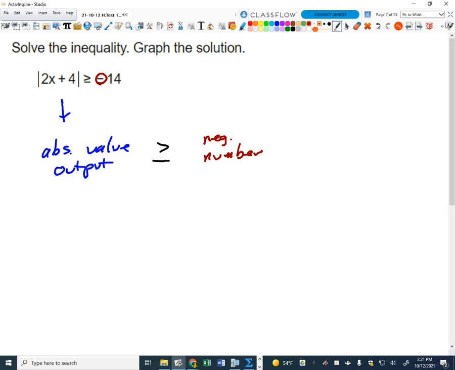Isn't the output of an absolute value always non-negative, 0 or positive, right? So if the output's always 0 or positive, 0 or positive numbers are always greater than negative numbers. Agreed? So that's a tricky one, but it doesn't matter what you plug in, it's always going to work, isn't it?